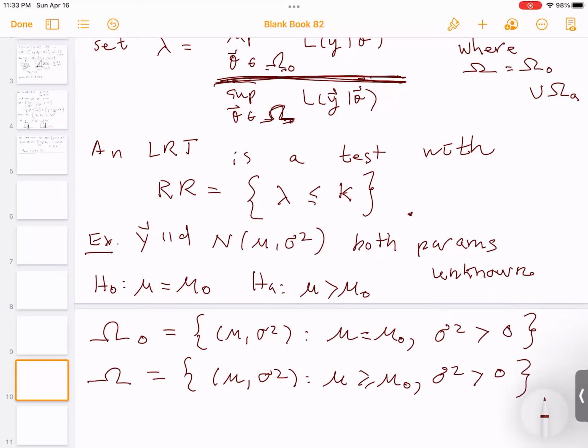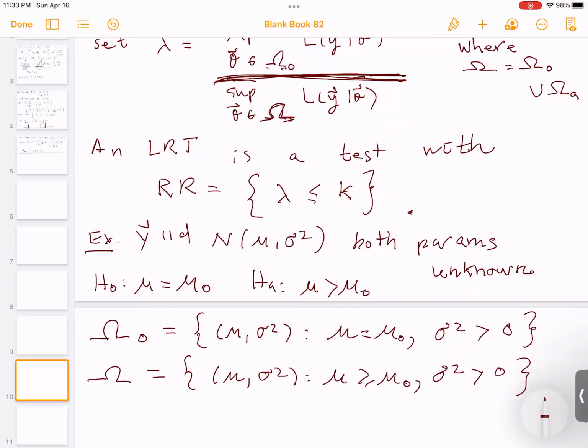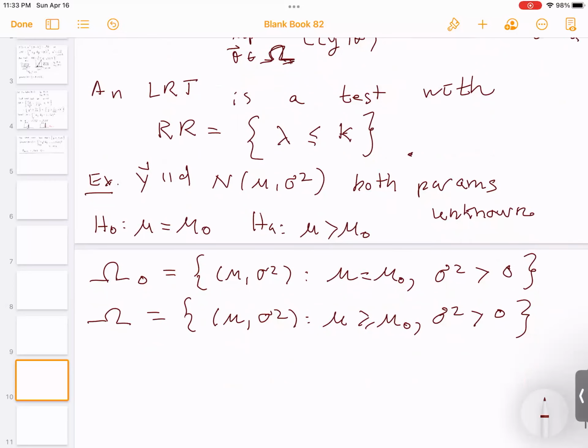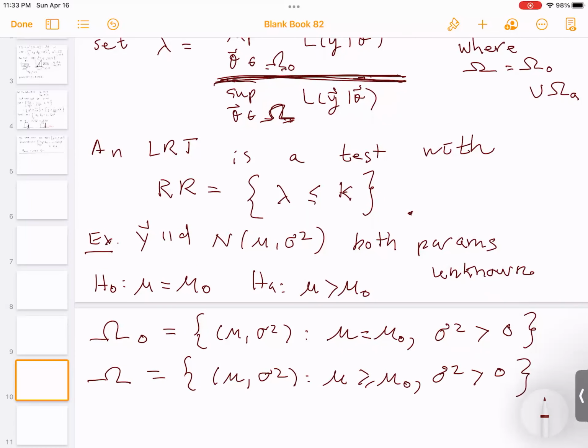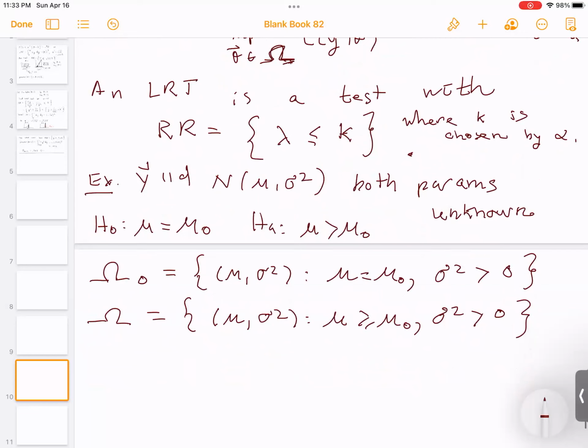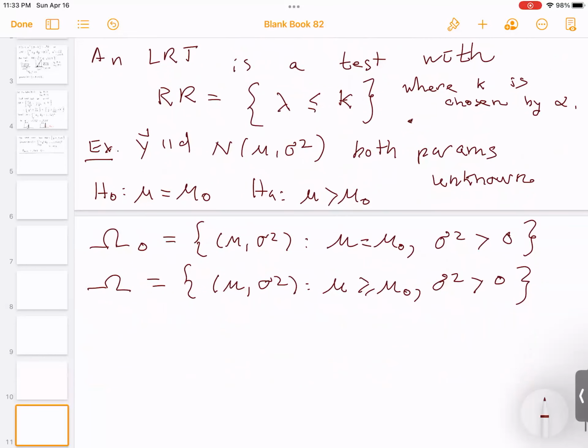Well, we want to compute a lambda, right? We have the quotient of these two, and we will get there. By the way, up above where it says it's a test with this RR, I should write where K is chosen to satisfy the alpha constraint. Okay, so let's keep going and see what we get.